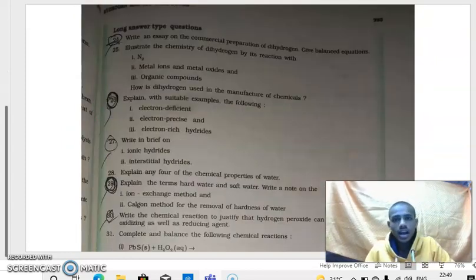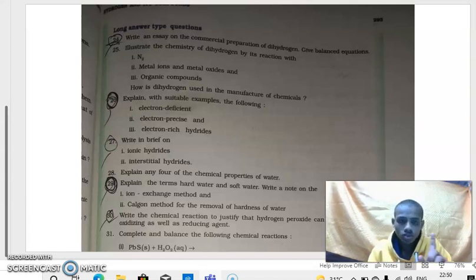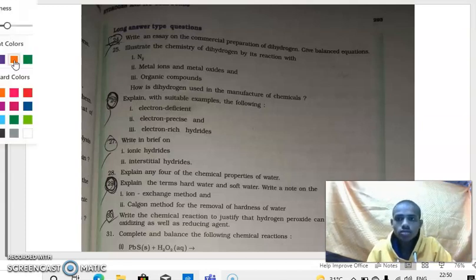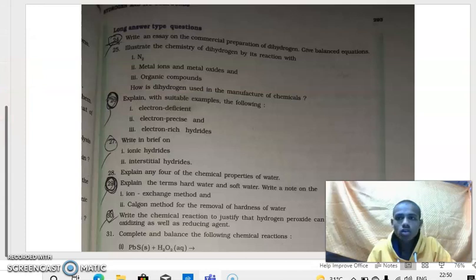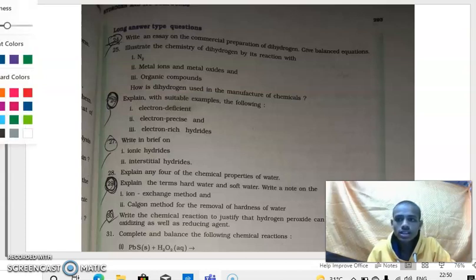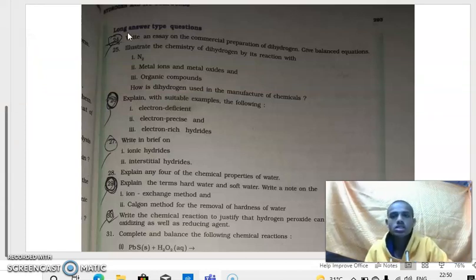Next, hydrogen and its compounds. In this lesson, you may get one definite question, by research of previous exams, previous boards. I searched, this is also one of the most important chapters.